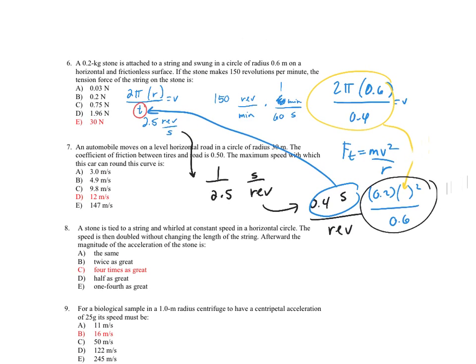I did the same formula, because 2.5 revolutions a second is still a velocity. I just substituted for revolutions. And what about this formula here? Do you remember that formula from last year? V equals r omega. But omega has to be in radians per second. So this would work as 0.6 times 2.5 revolutions per second times 2 pi radians per revolution. So that's why the math you said works.